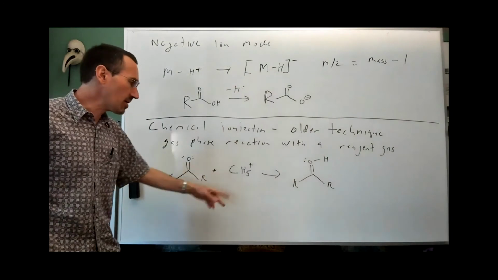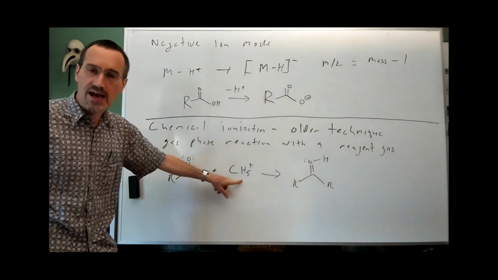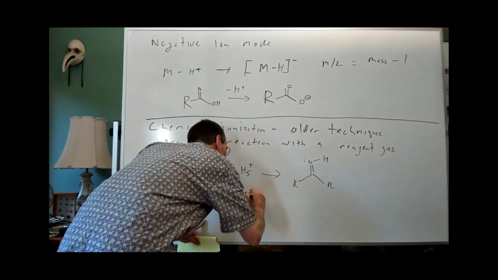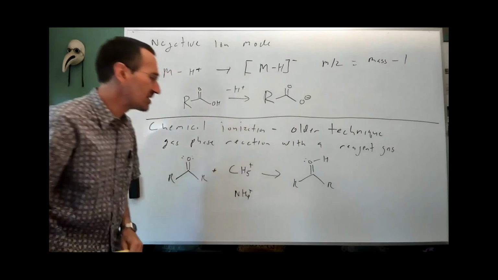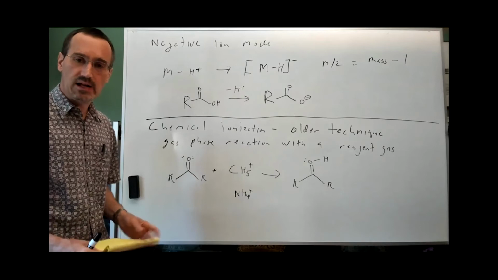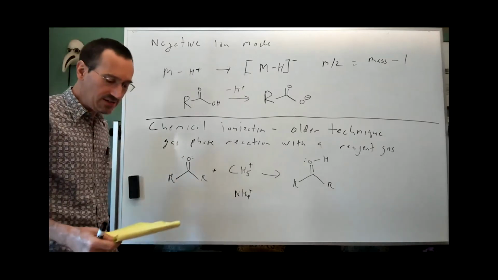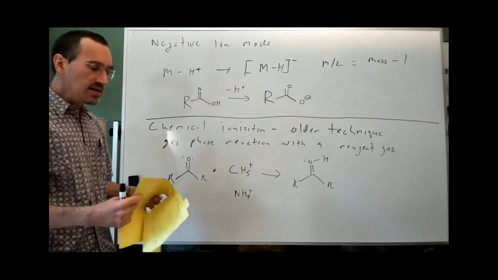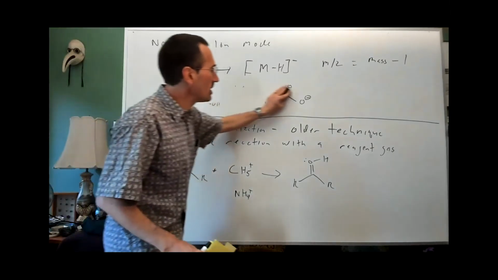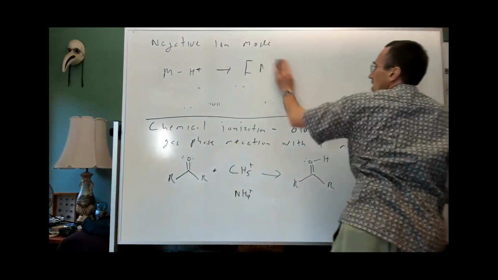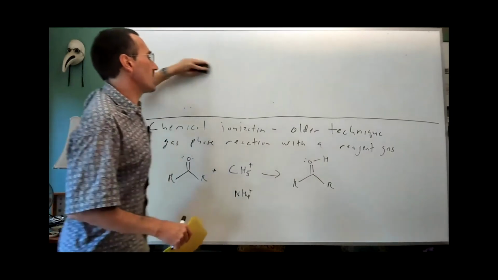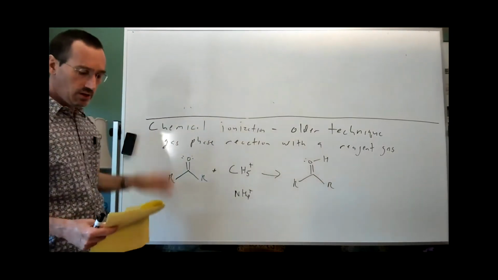You can also use ammonia. It turns out the ammonium ion, NH4+, is also a very good acid in the gas phase. And then there are a few other reagent gases as well. But the principles are very similar to electrospray ionization in the sense that you're generating a molecular ion that typically is +1 or sometimes has some additional thing on it.